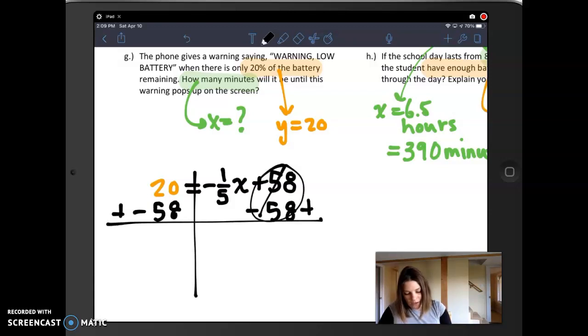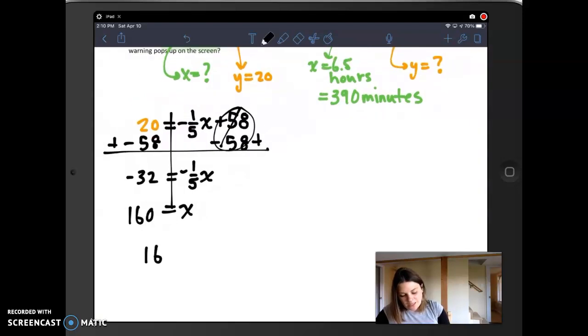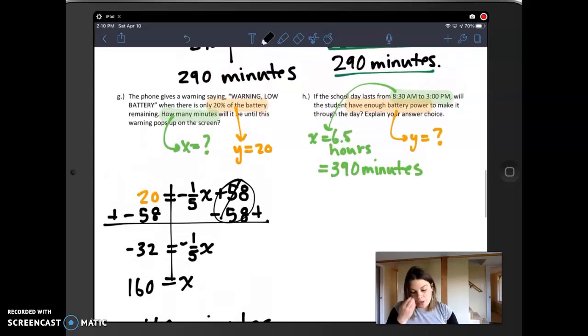We want to create 0. This would be -32 is equal to -1/5 x. Multiply by 5 on both sides, and we get 160 is equal to x. So this is saying that it takes 160 minutes, because it's an x value, to get to a 20% battery notification.